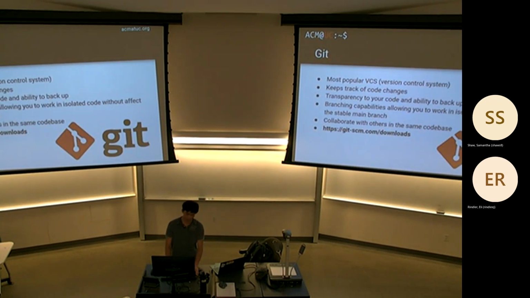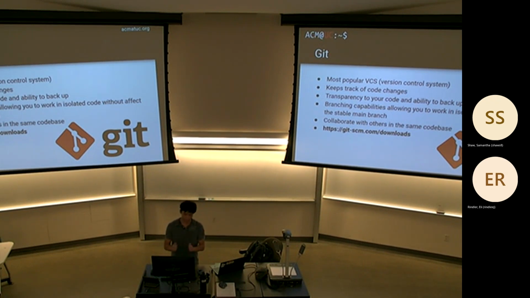As for Git, Git is one of the most popular version control systems, which keeps track of your code changes, which also functions the same as Dropbox, which also keeps track of your changes. So why use Git? Git has more history tracking ability, will give you a very easy view of your code history, giving transparency to your code, and also a lot of commands to back up.